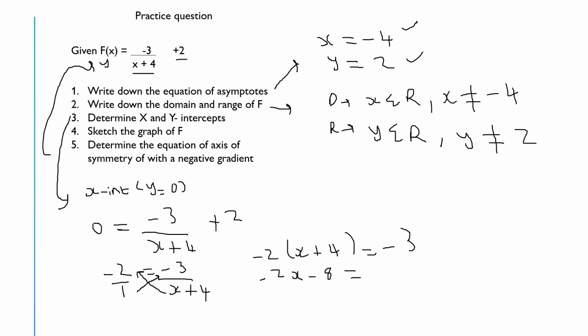Everything is equal to -3. From there onwards, 8 will go to the other side, so it will be -2x equals -3 + 8.